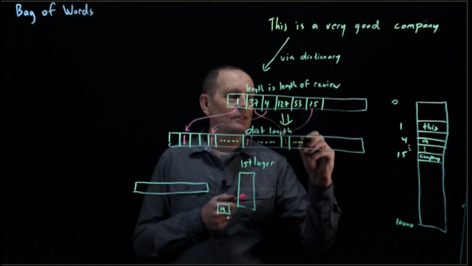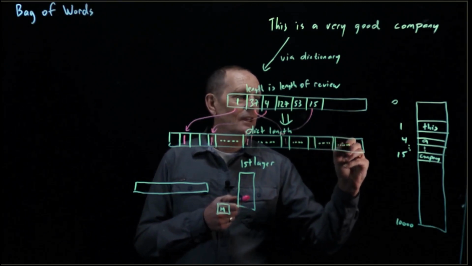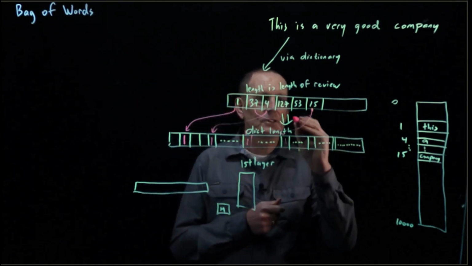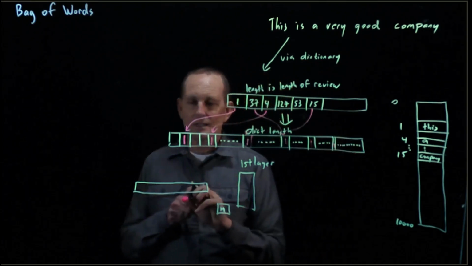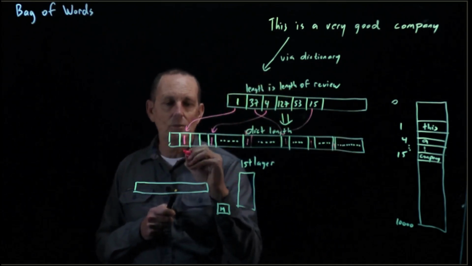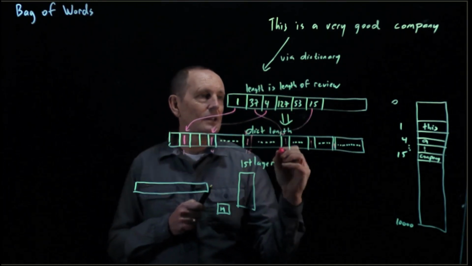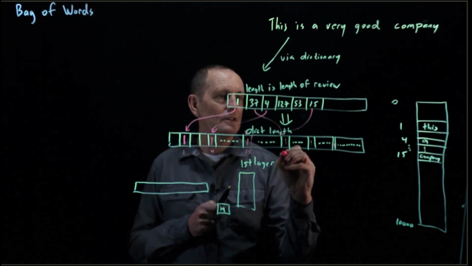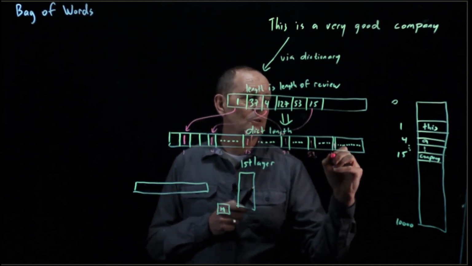And 53, and 127, and then a lot of words that are 0. So we'll have a 1 here and a 1 here. So this will be index 1, index 4, index 15, index 37, index 53, and index 127.